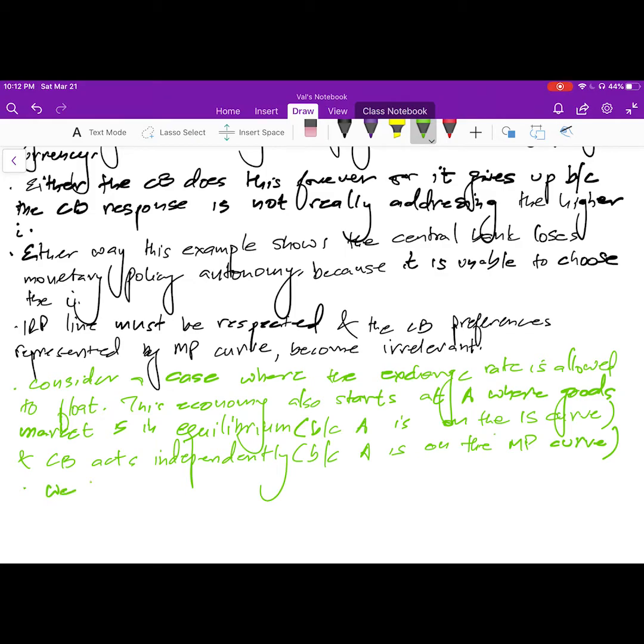We know in point A, exchange rate appreciates. We already know that. Except this time around, the central bank no longer opposes.